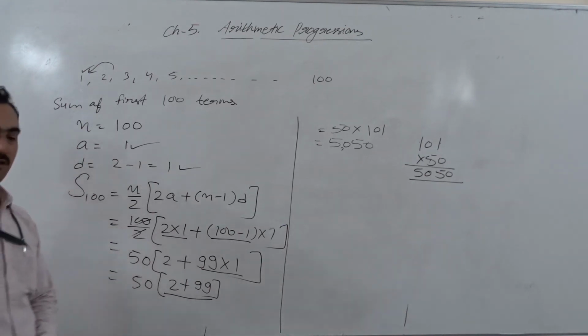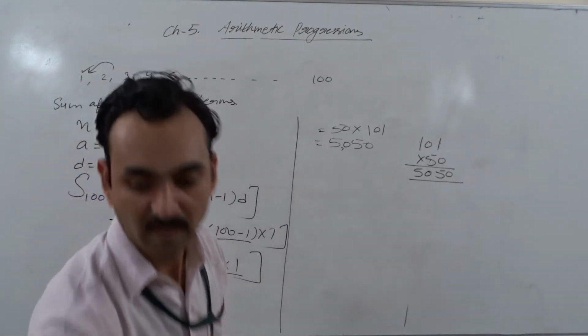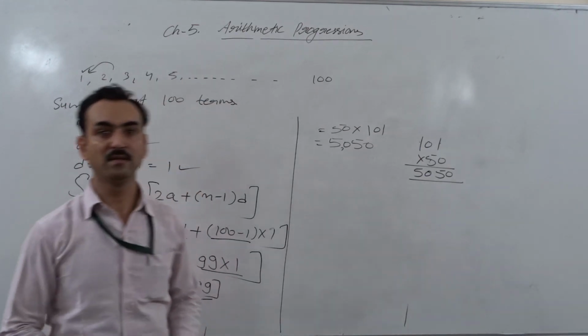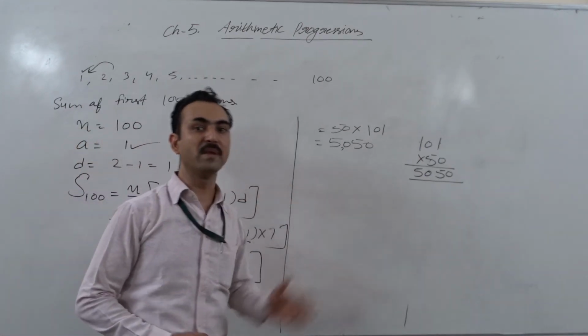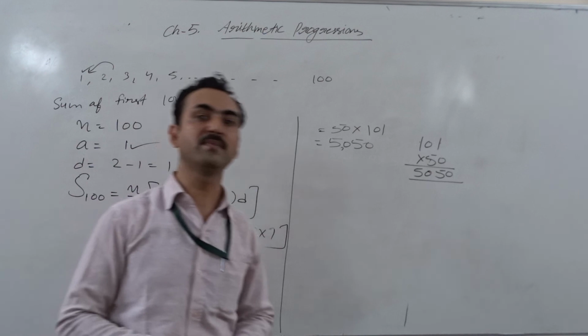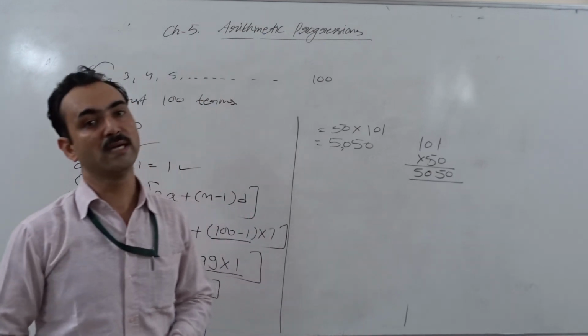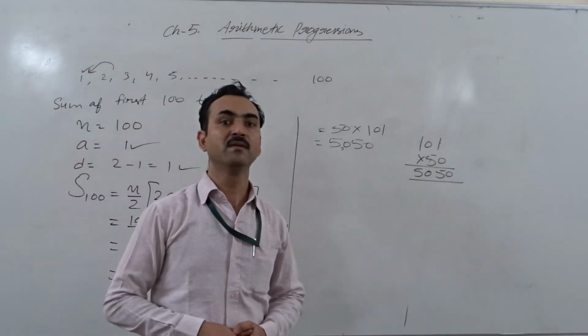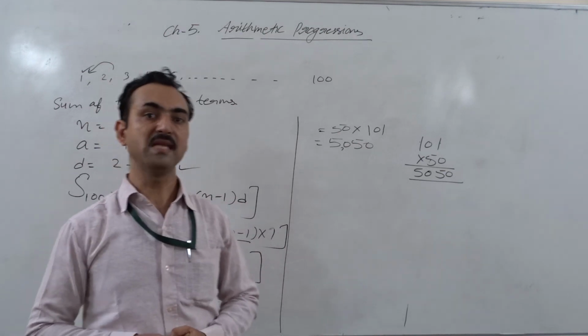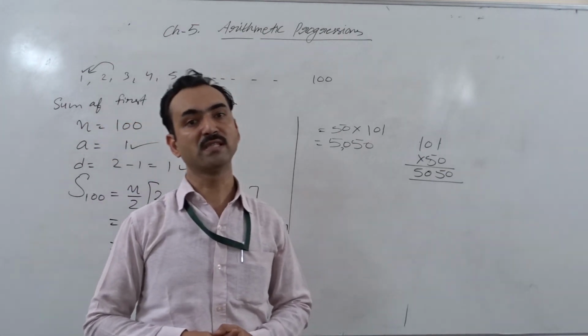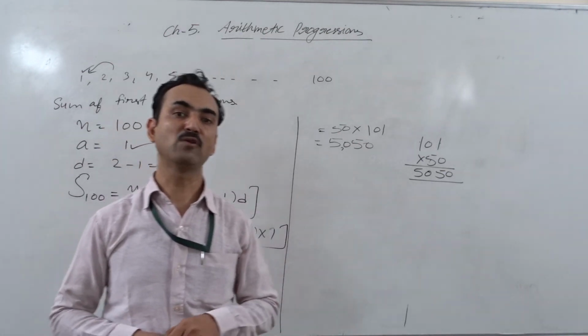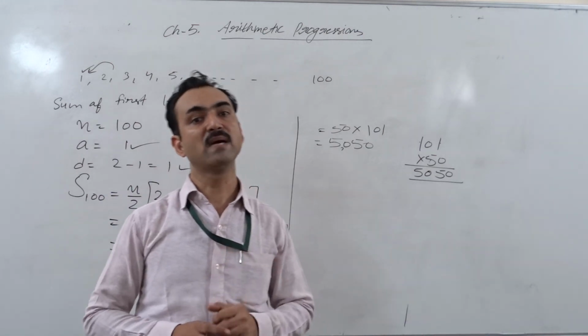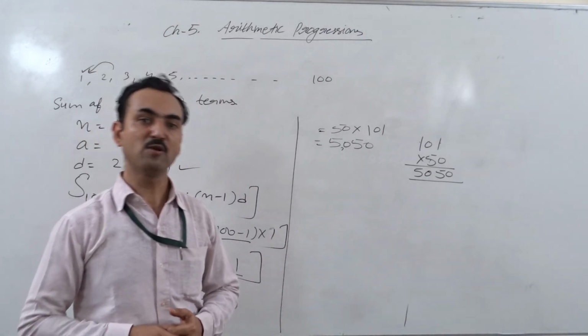Okay, so our chapter is complete. I am just revising the whole chapter. You have understood arithmetic progression, or AP, a special series in which the first term is a, and each next term increases or decreases by a fixed number, which is called the common difference.